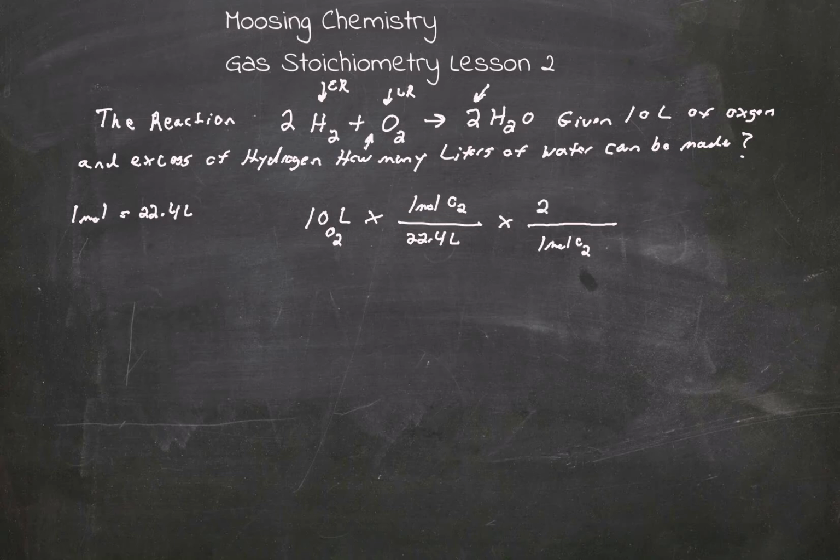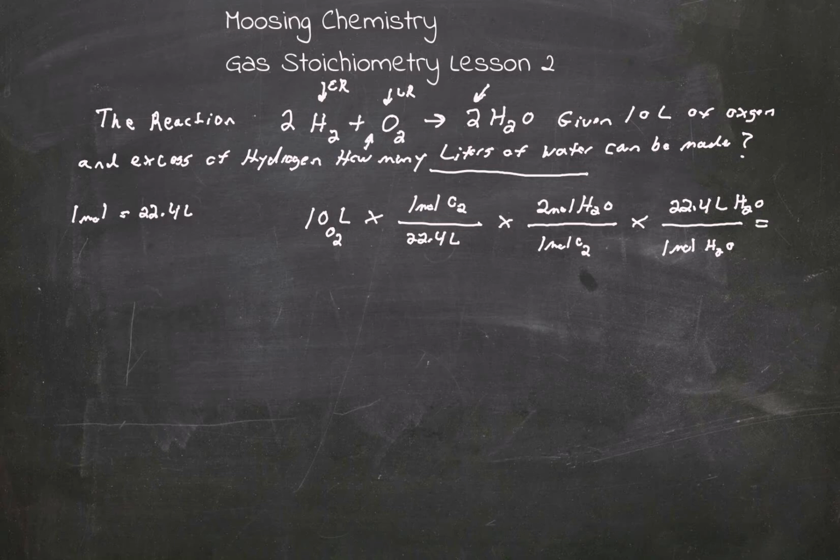So we put 2 moles up here, and that converts from moles of oxygen to moles of water. But we don't want moles of water, we want liters of water. So again we use the molar ratio of 1 mole of H2O to every 22.4 liters of H2O. Now we're ready.